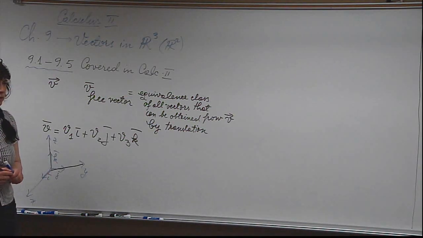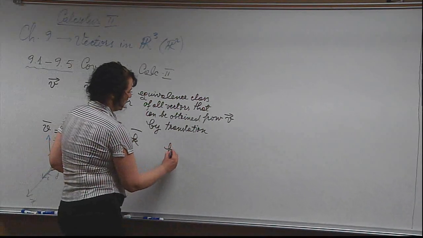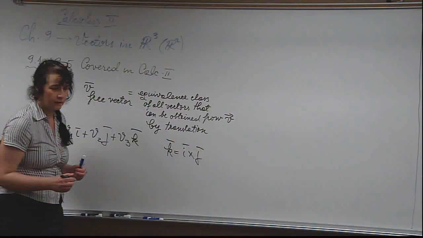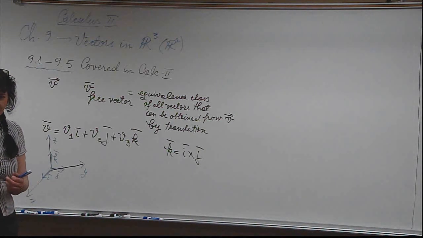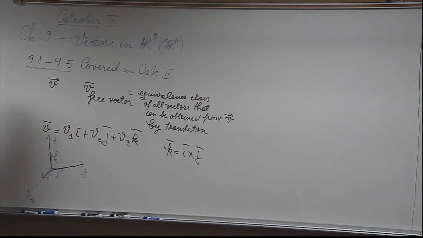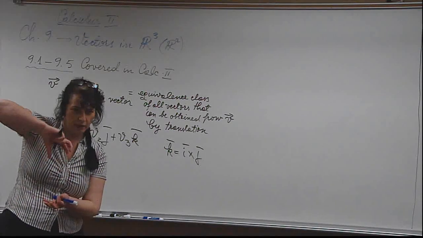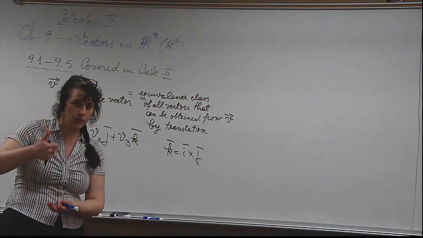Since this is review, I'd like to attract your attention to the fact that K is I cross J. Think about it, what happens, you bring I over J, and you get K because you move up, because it's like you are turning in this direction, and the screw or whatever's from the faucet is pointing upwards.